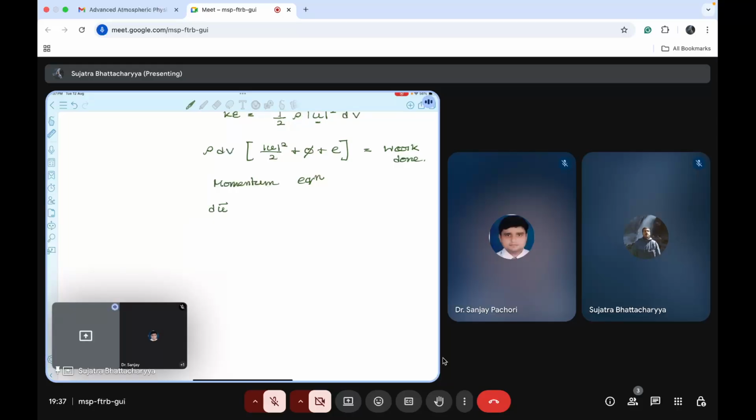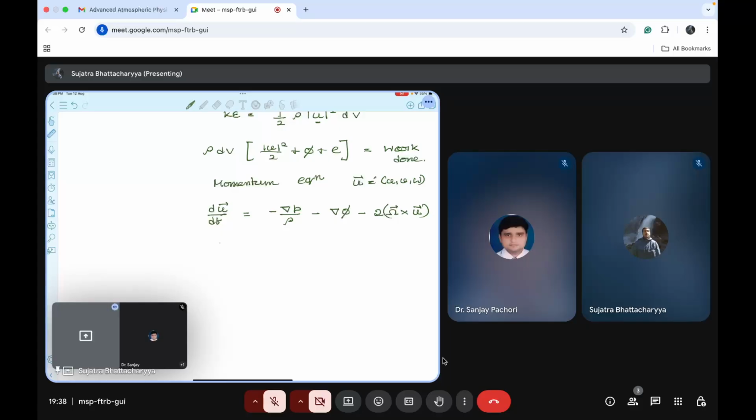So du dt, as I have told you, where u is nothing but u, v, w, everything included, is equal to the pressure gradient acceleration, minus grad phi, which includes g, the gravity, centrifugal force, everything, and minus 2 omega cross u, the Coriolis force. Other forces are not there. Friction is neglected. Although friction also produces some energy, it is neglected here for simplicity.